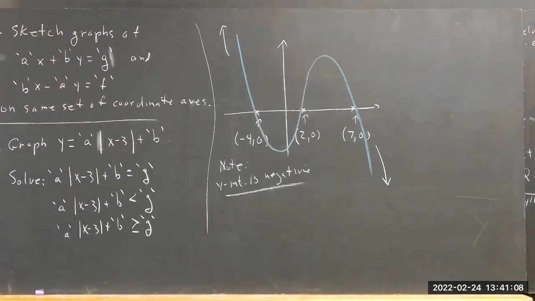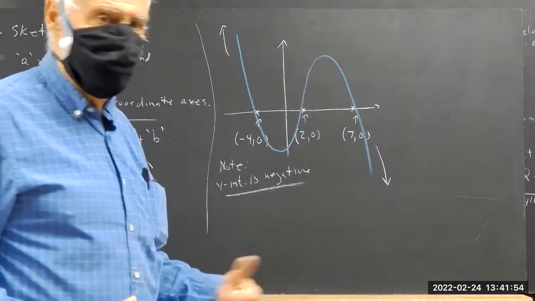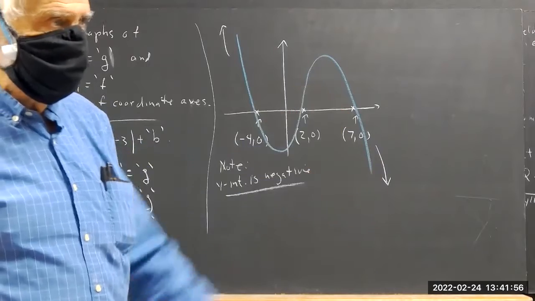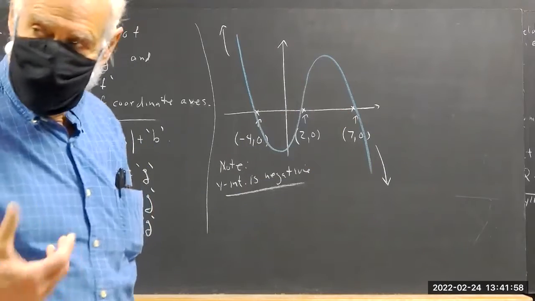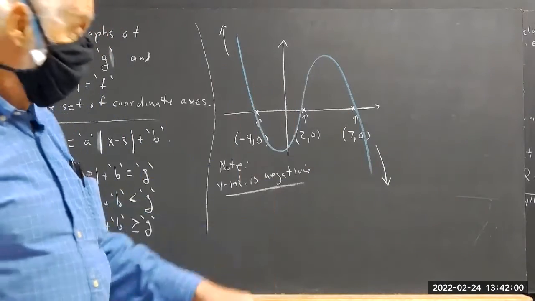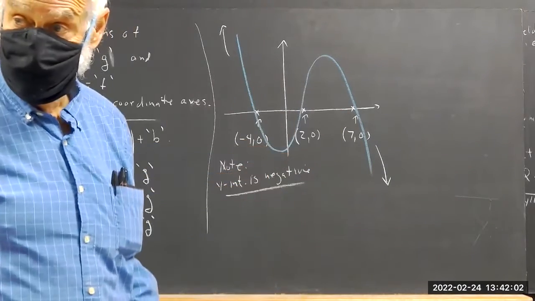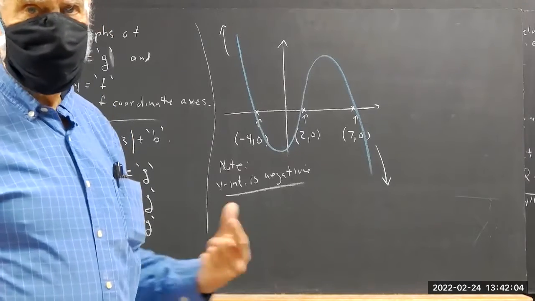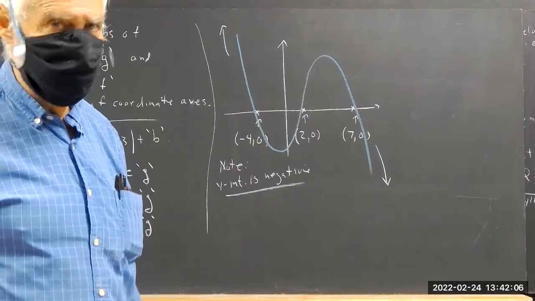Now, I'm going to let you decide what the y-intercept is. I asked somebody to tell me what the y-intercept was. I gave examples, maybe -2, -7,883, -250. Can't use a positive number because you know it's got to be negative, right? Now, first answer I got was -2.